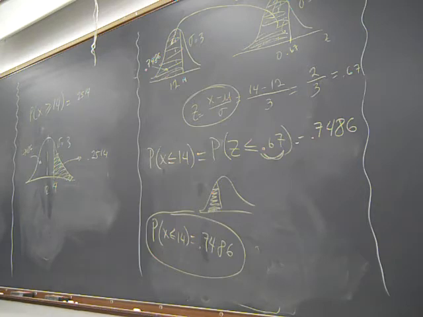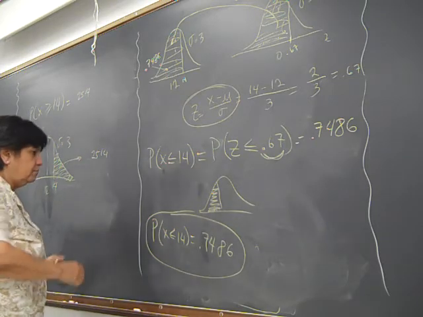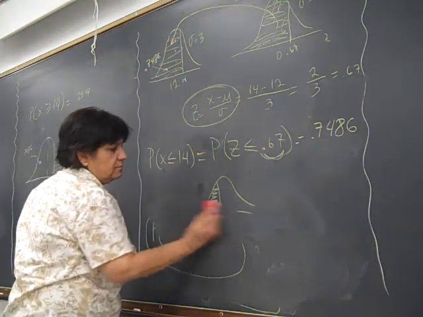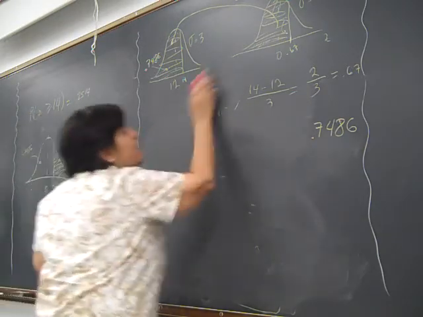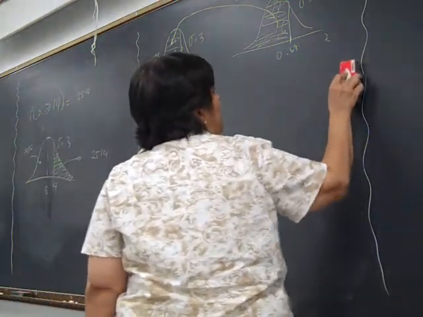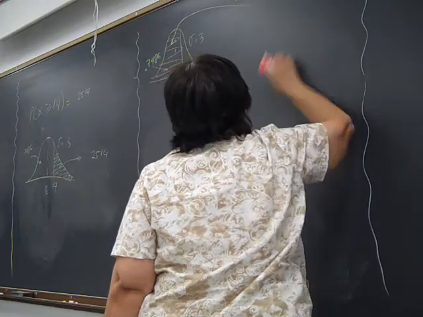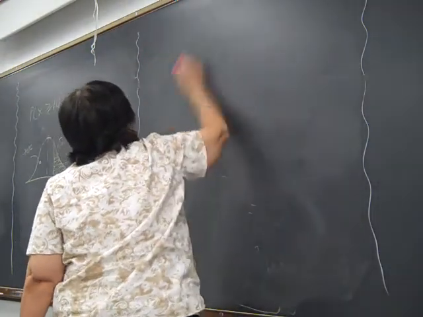That's it. Now, let me give you hints on how to calculate probabilities using the tables. This is going to be used for any continuous probability distribution.